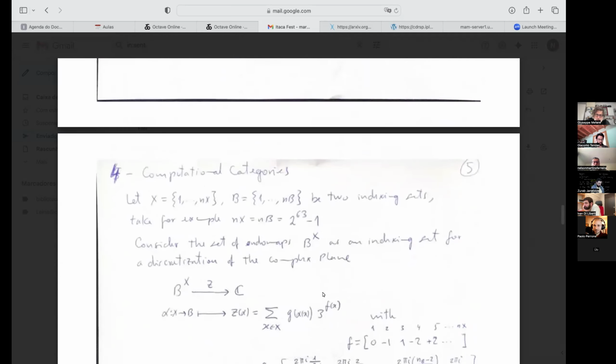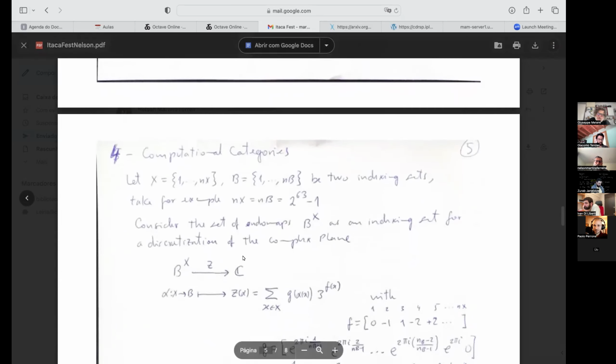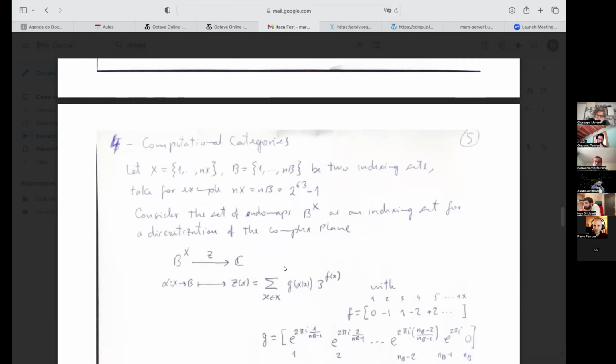About computational categories, in the same light as I was saying before, let me quickly give you an idea of a concrete example of discretizing the complex plane. So suppose we want to consider our type of data as complex numbers. And in practice, we have to discretize it.